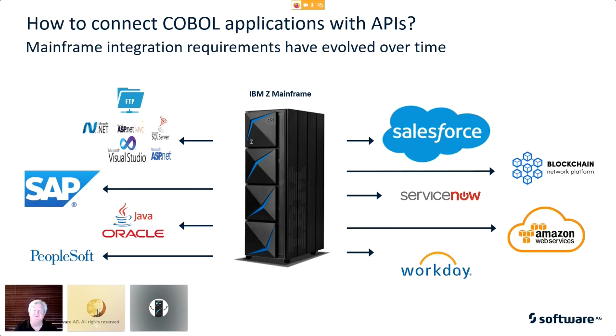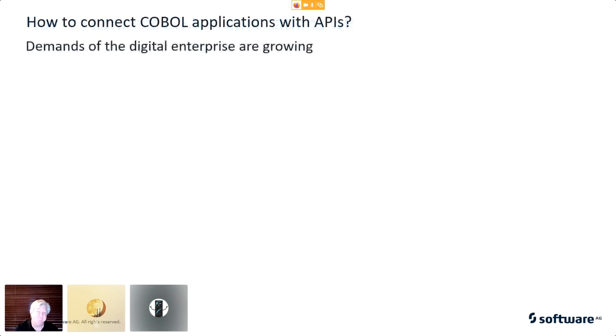There's a whole host of things. All of these things are putting pressure on the mainframe to say, I need to communicate, and typically I need to communicate in real time using different methods. So we need to API enable our COBOL applications to participate in that digital enterprise.